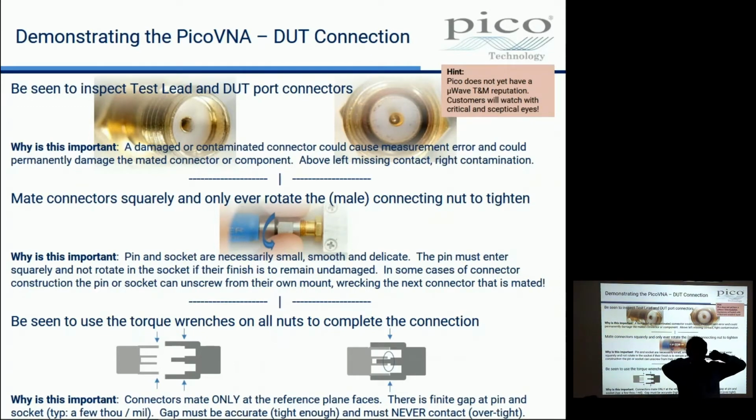So if you rotate them, you could end up undoing that pin. Fine for you, but the next time somebody inserts, that pin will be too long and it will wreck the connector it goes into. So just be aware. You're rotating the nut, not rotating the female connector.